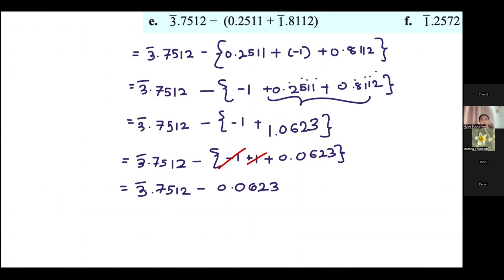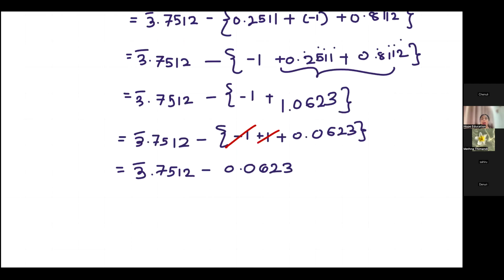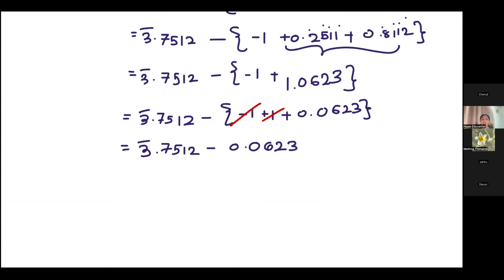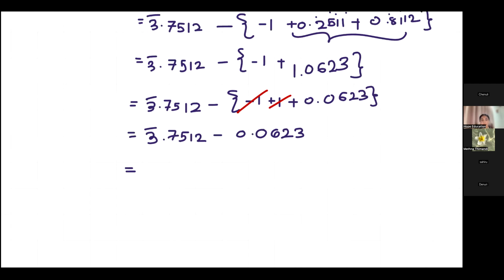Okay, Sahiru. All right. Now we will do the subtraction. So if you look at this one now, which we have kept aside at the beginning, now we will use it. We will separate the characteristic and mantissa. So characteristic is minus 3, mantissa is plus 0.7512 minus 0.0623.